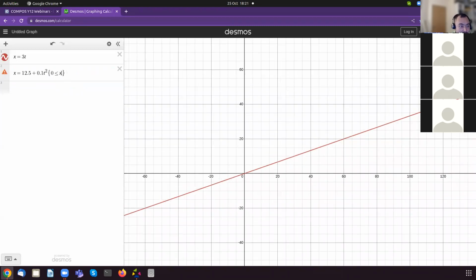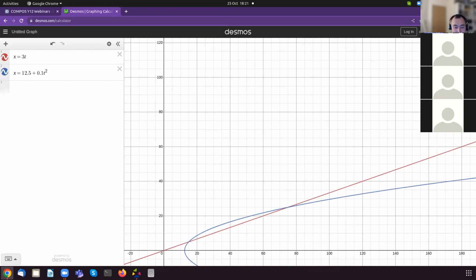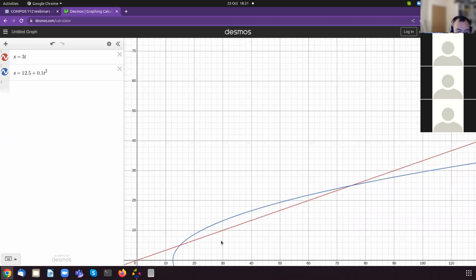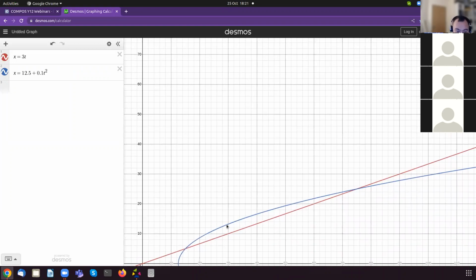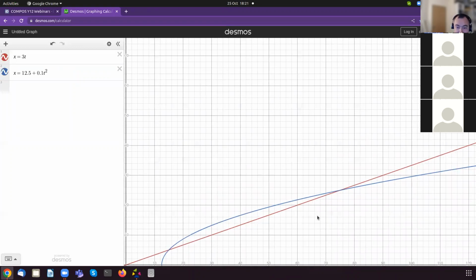Well, anyway, we can ignore the bottom bit, and we can see that this is the graph of motion of the train, the blue one, and the red one is the person running. So the person is running at constant speed, and they catch up with the train twice.